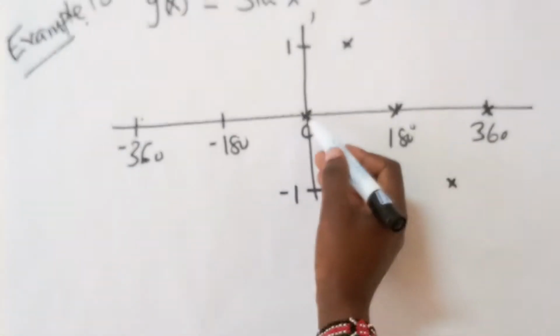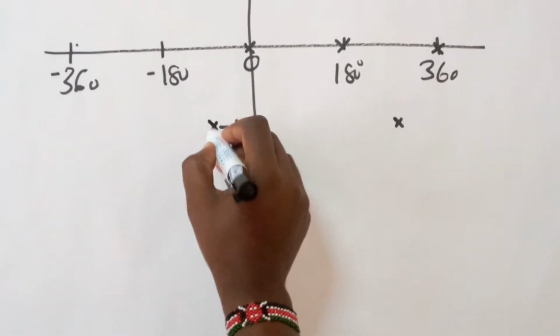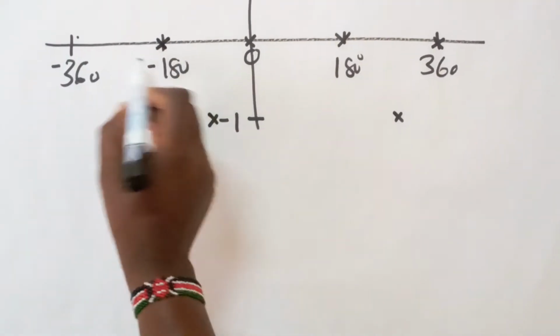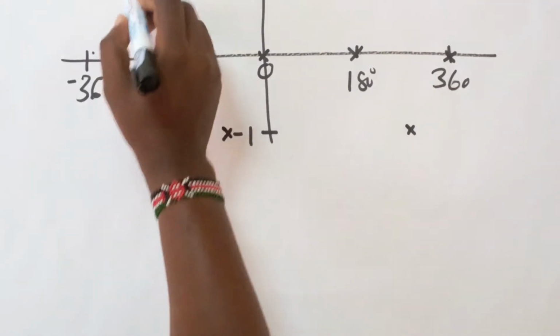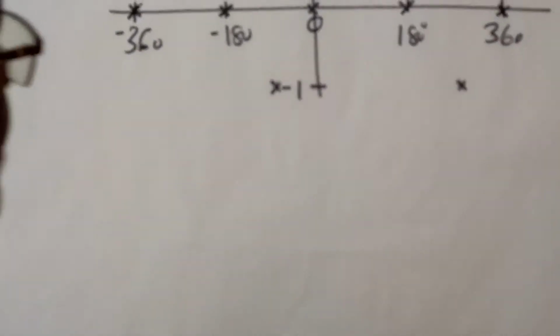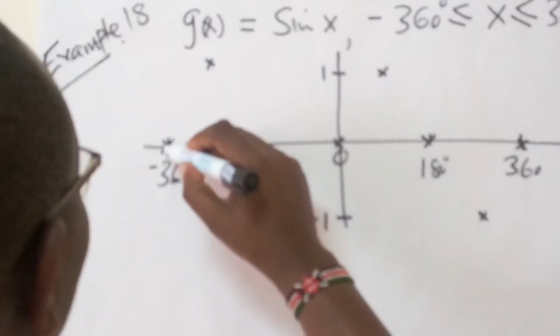We also know that the sine of negative 90 is simply negative 1, the sine of negative 180 is 0, the sine of negative 270 is 1, and the sine of negative 360 is 0. You may confirm that.